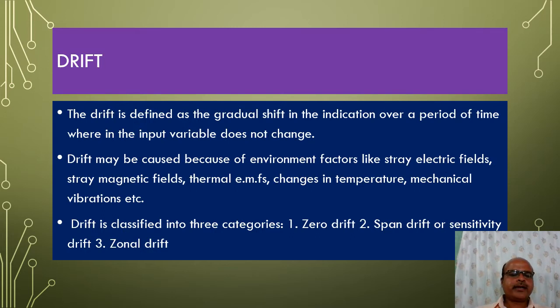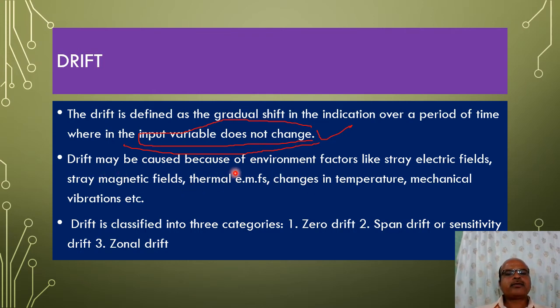Then next is drift. What is meant by drift? Drift is defined as gradual shift in the indication over a period of time where the input variable does not change. This is important: the input variable does not change.